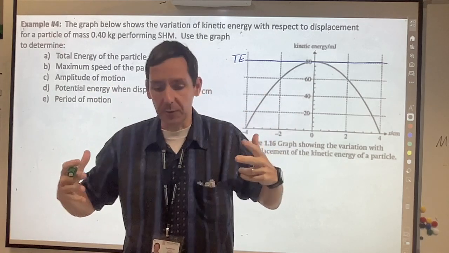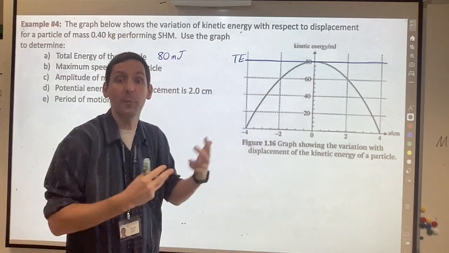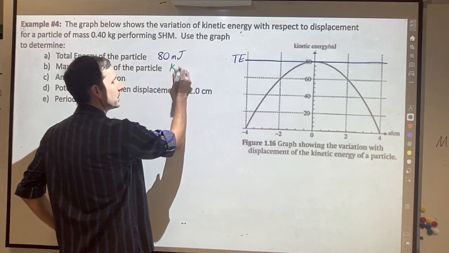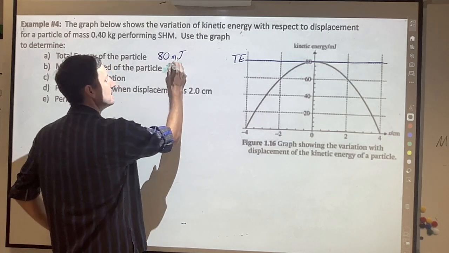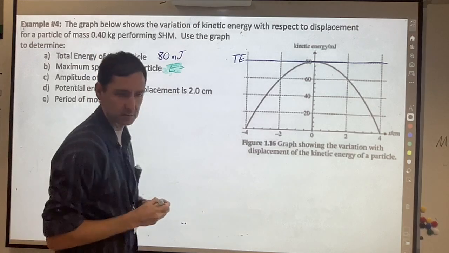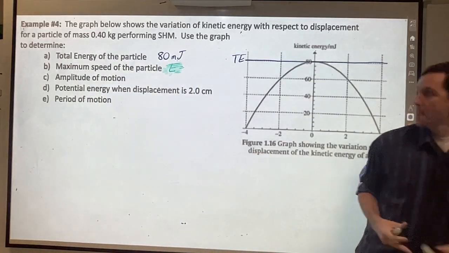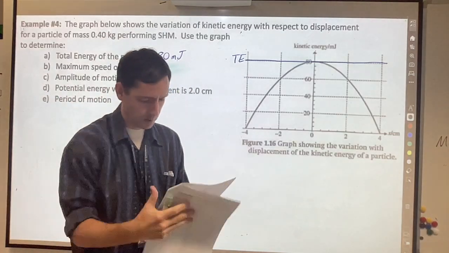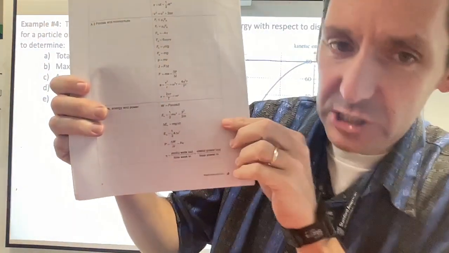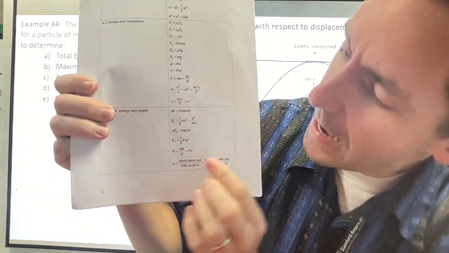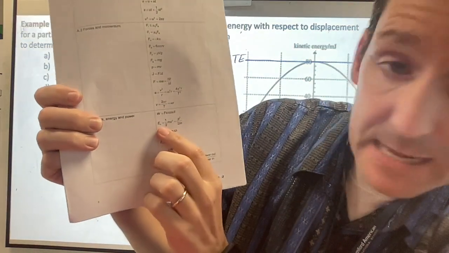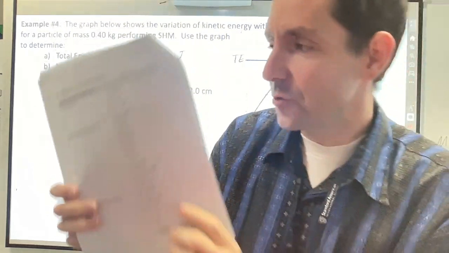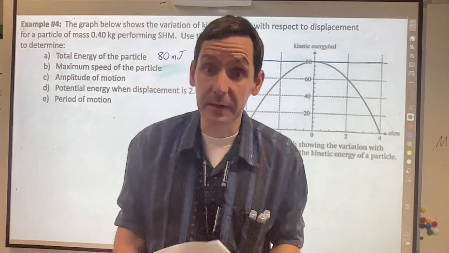So I think back to my equations and look through my formula packet, and I find an equation for kinetic energy, EK equals 1/2 mv squared. You see here in the formula sheet, EK equals 1/2 mv squared. That's what we're going to use to solve this problem.